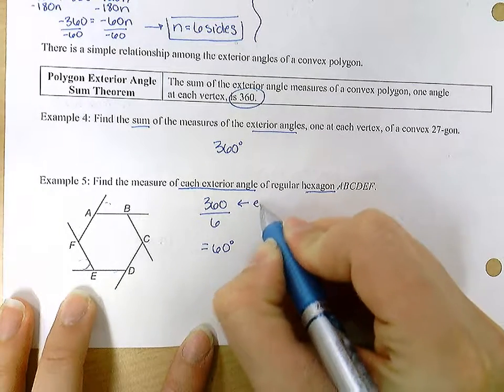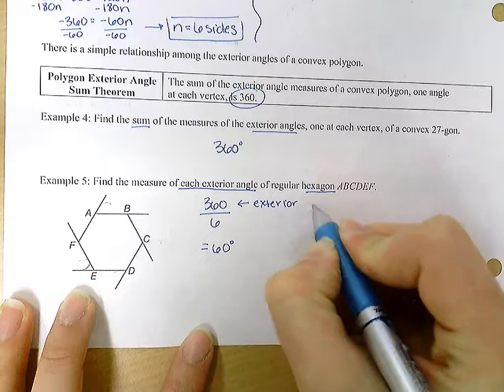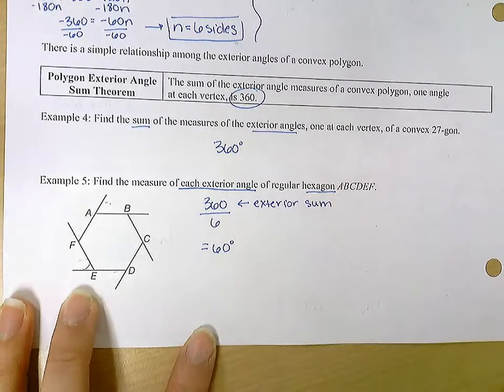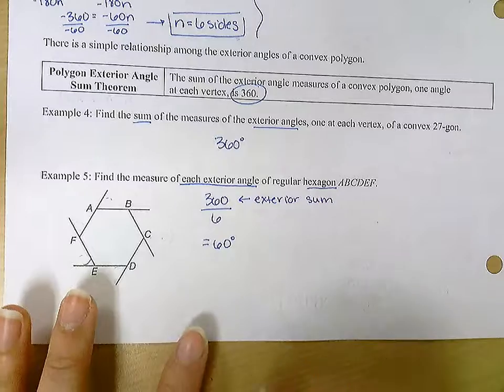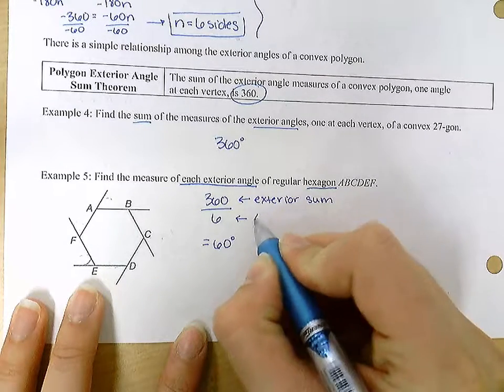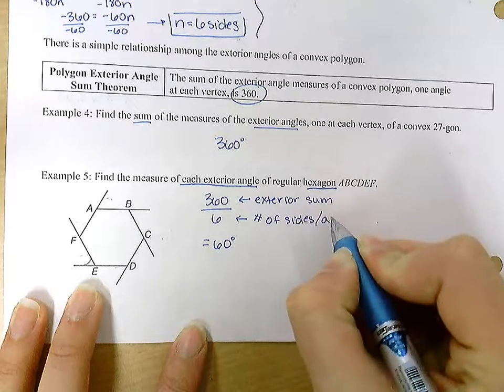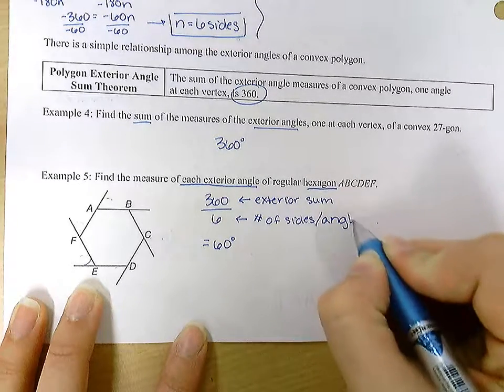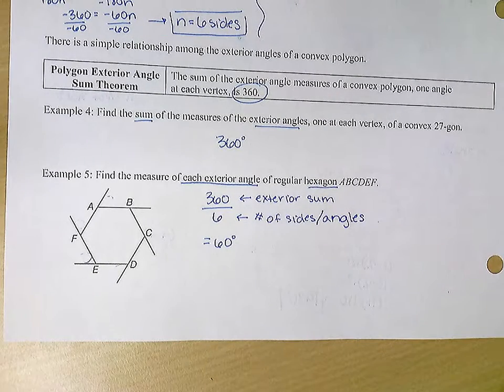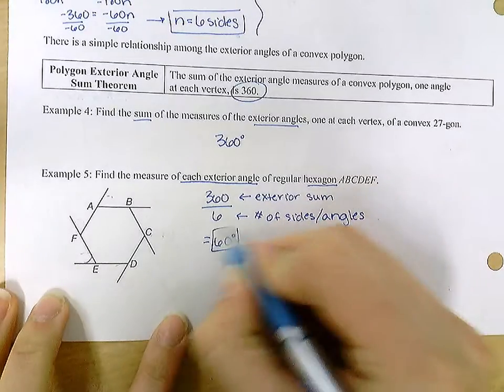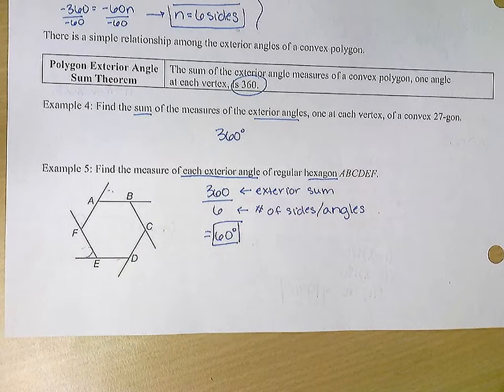Okay, so again, this is your exterior sum. This number right here is your number of sides slash angles. And then it gives you that one exterior of 60 degrees. Okay, questions on example 5?